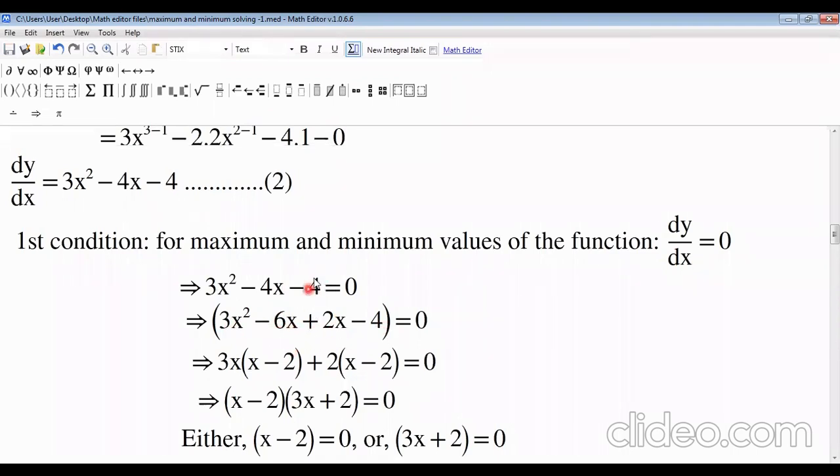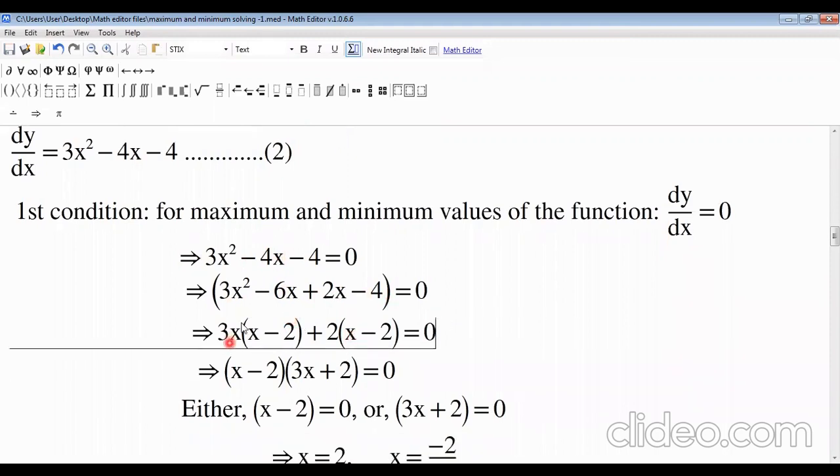The x square coefficient 3 is multiplied by 4, which gives 12, so 6 times 2 is 12, and 6 minus 2 is 4. So minus 6x plus 2x is minus 4x. This is why the middle term is split like this.